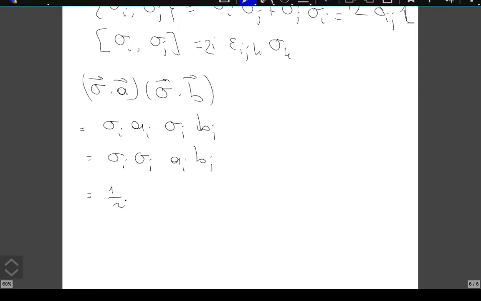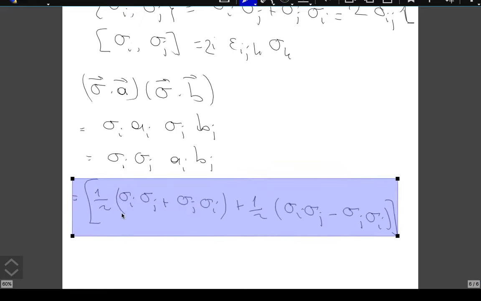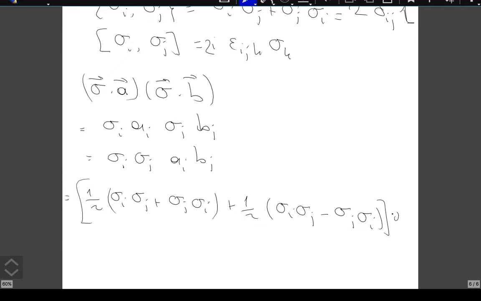can also write as 1/2 (sigma_i sigma_j + sigma_j sigma_i) plus 1/2 (sigma_i sigma_j minus sigma_j sigma_i), times a_i b_j.